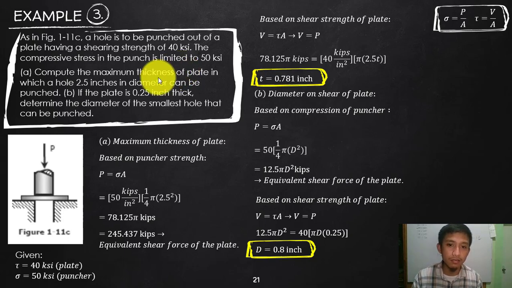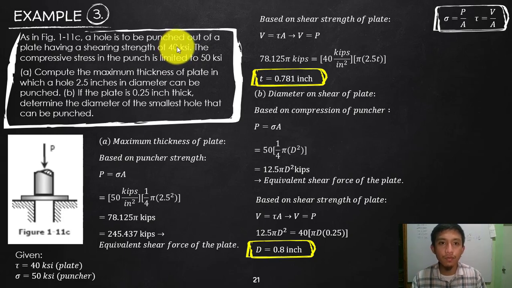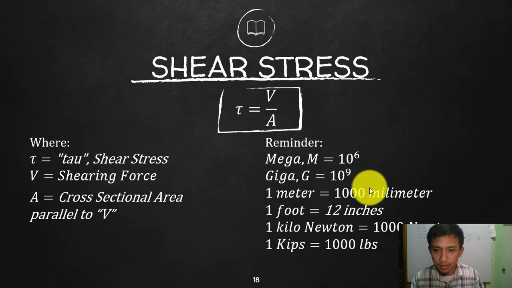40 ksi, or that is 40,000 pounds per square inch. That is the ksi. Okay, that is kips.